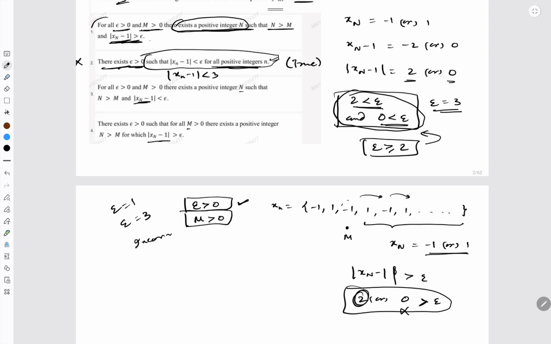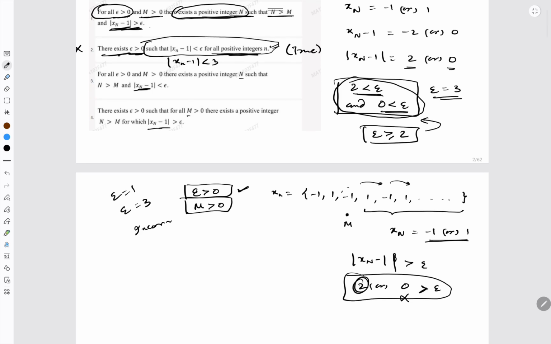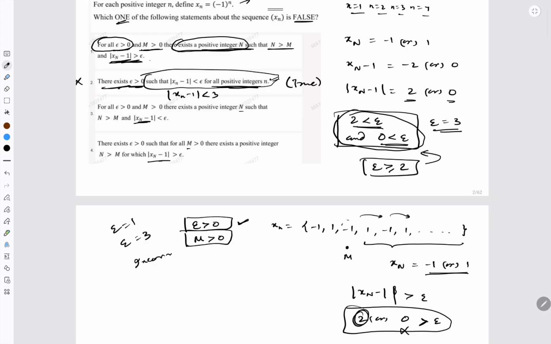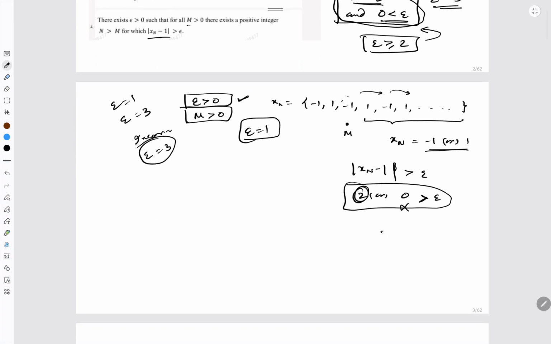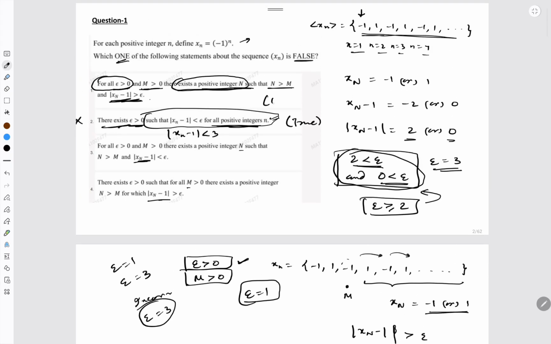Because it is saying for all epsilon greater than 0. It is not saying there exists. If it would have been there exists, I could have taken epsilon 1 that is satisfying this condition every time. But if I take epsilon equal to 3, then 2 is not less than 3, right? So this option is false already.